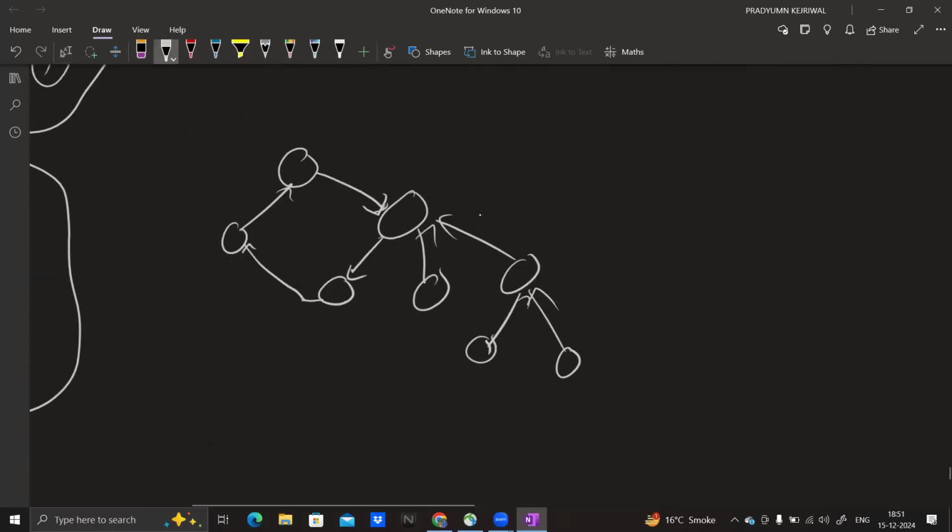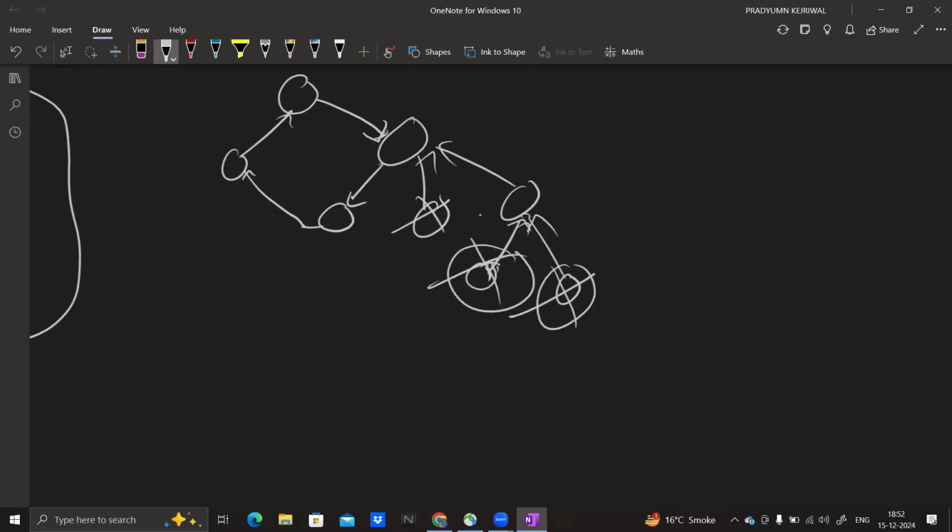So the thing is that after the first year, these two will give the plushie to this one, but no one is there to give a plushie to them. So they will die, right? And also this one will die because of in degree 0. So now it will become like this.